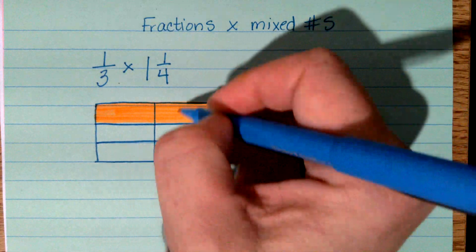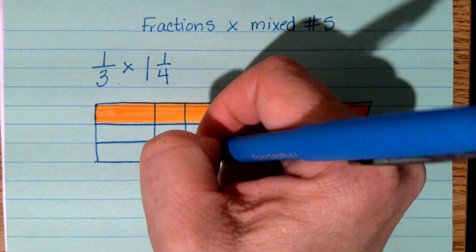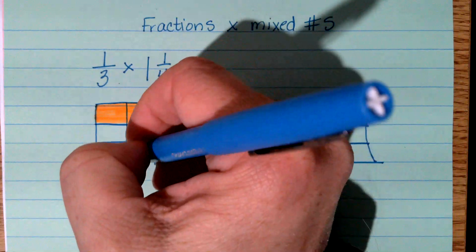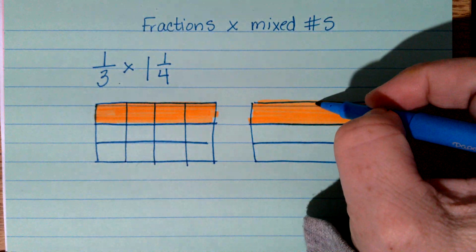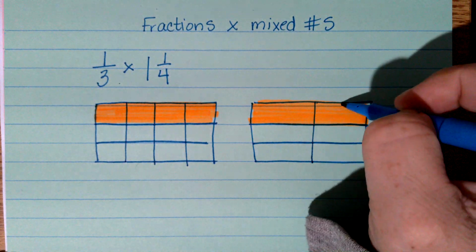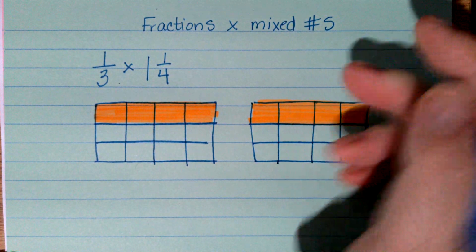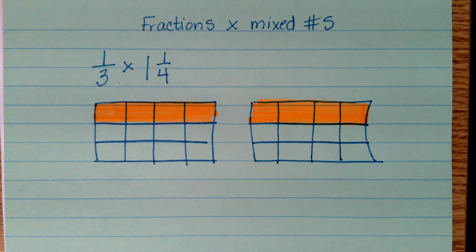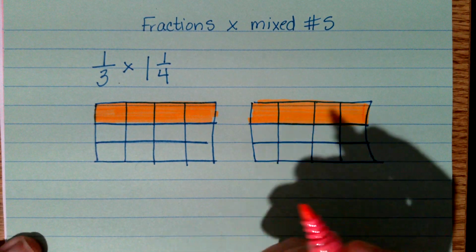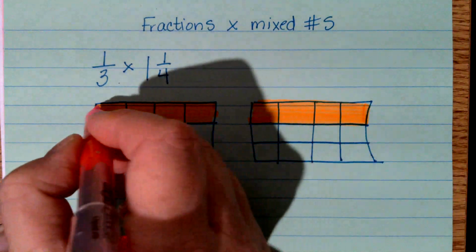And remember, I go the opposite direction on this one. And this gives me my fourths that I'll be working with. Now I'm going to color in 1 1/4 of these wholes.